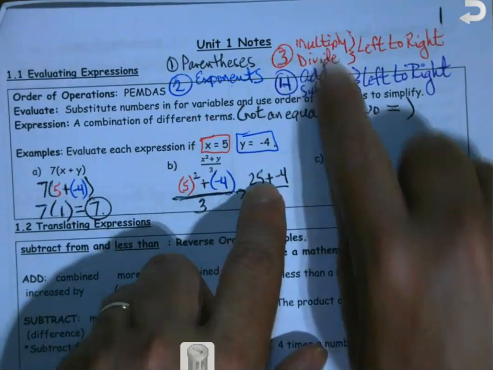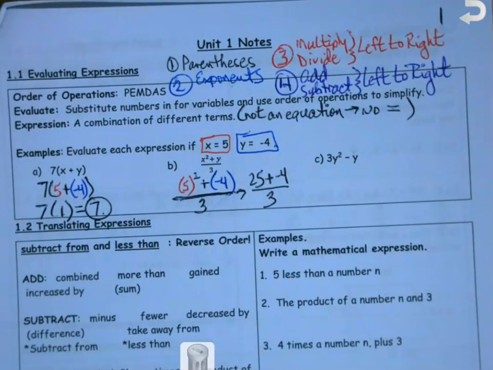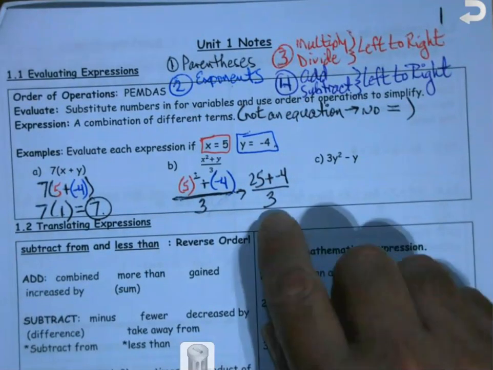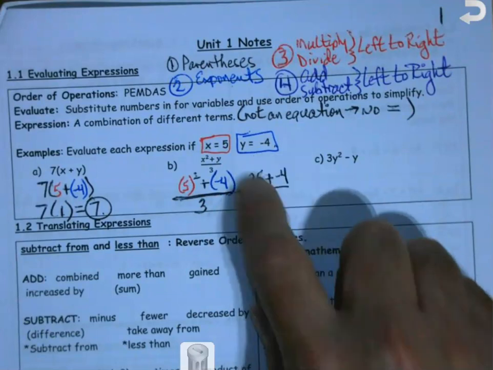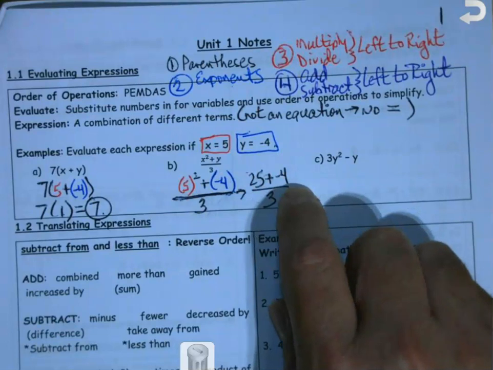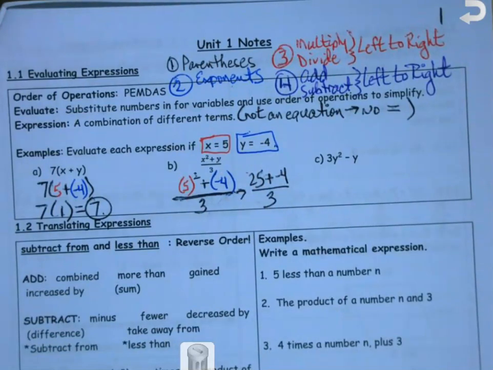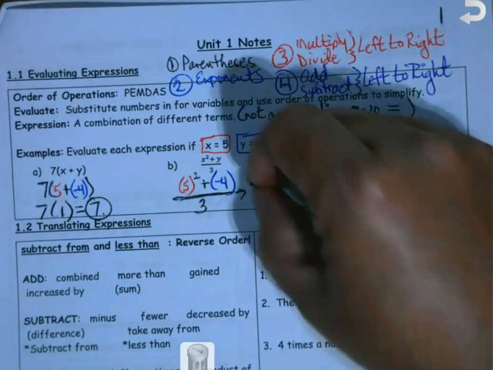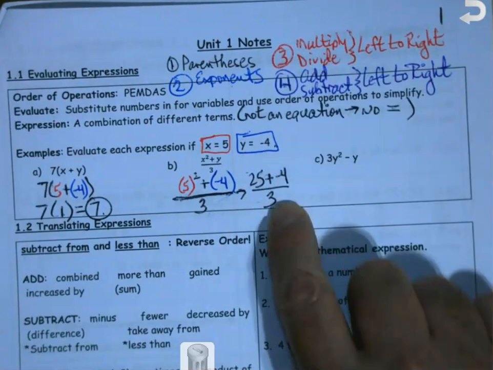Divide comes before add, so I've got to divide first. Well, here's the problem. You're dividing by this whole thing. Well, this thing's not even simplified yet. You're like, ooh, are you going to start doing this crazy stuff and breaking the rules already? I'm not breaking the rules, though, because you have to know what this is before you can divide it by 3.